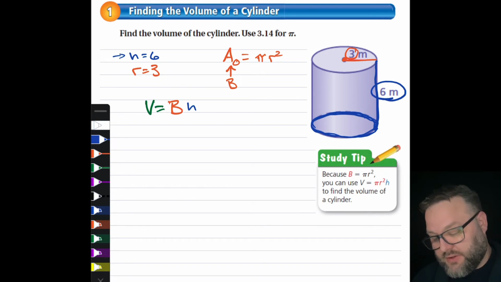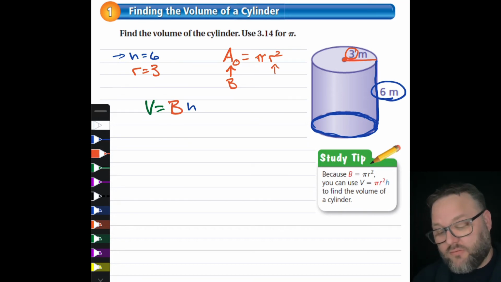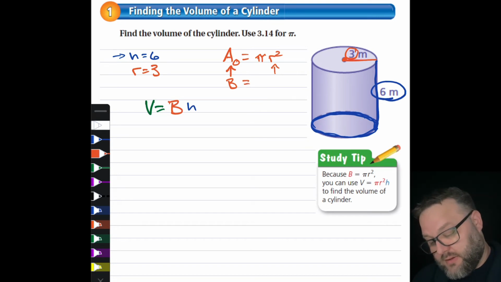I can plug that straight in, but I don't know big B directly yet, and that's because I haven't replaced that r squared. Luckily, I do know what it is. Pi times 3 squared. And that's the same thing as pi times 9.